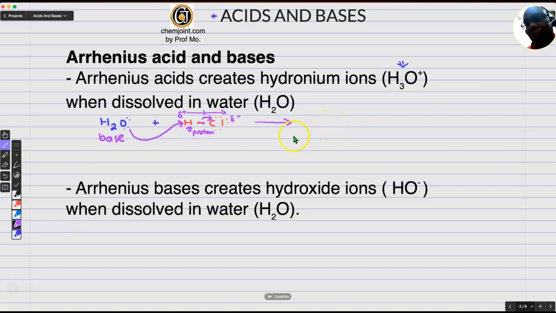So we will eventually have this product. When H2O takes the acidic hydrogen, the H2O will be converted to hydronium.